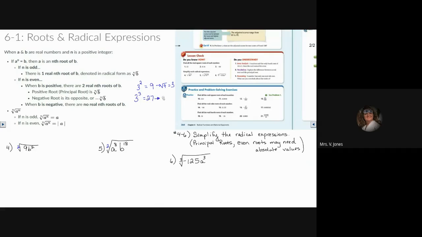Well, if you want to work that backwards, since this exponent was a 3, that means the 3rd root of 27 is 3. If you wanted 3 to the 4th power, that's 81. So if you want to work it backwards, since that power is a 4, that means the 4th root of 81 is 3.